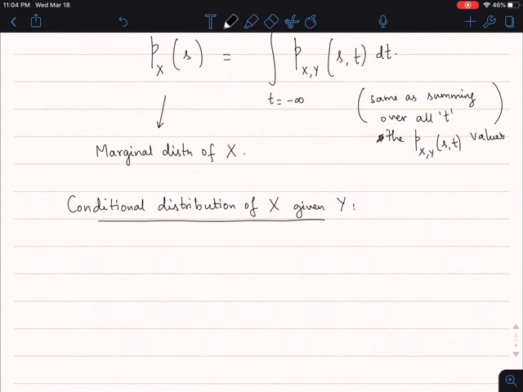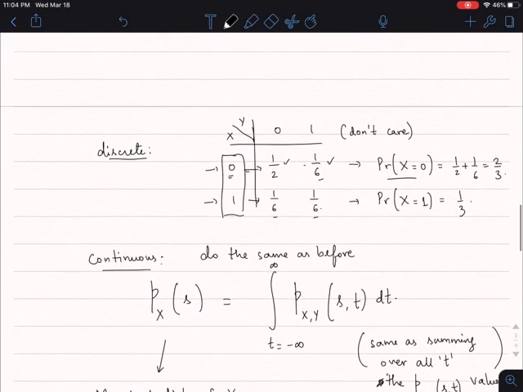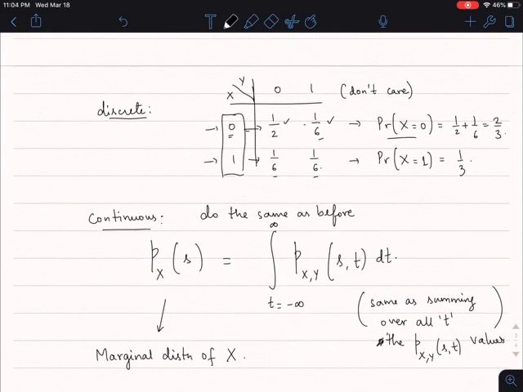Again, let's go back to the same example of the discrete random variable. Suppose now I give you a value of y, so let's say y equals 0, and I ask you what is the distribution of x given that y equals 0.